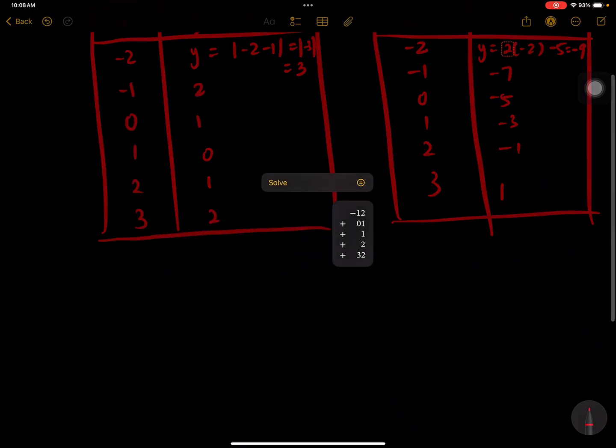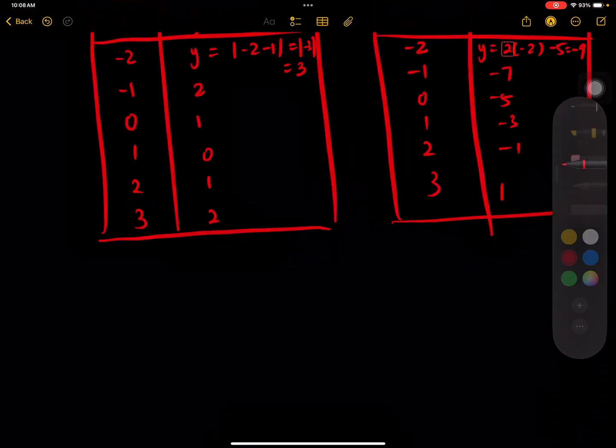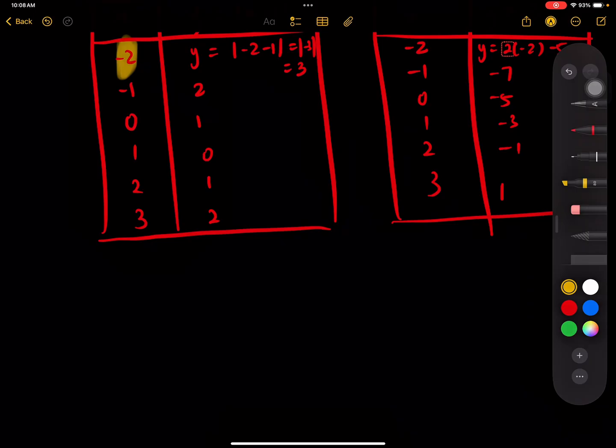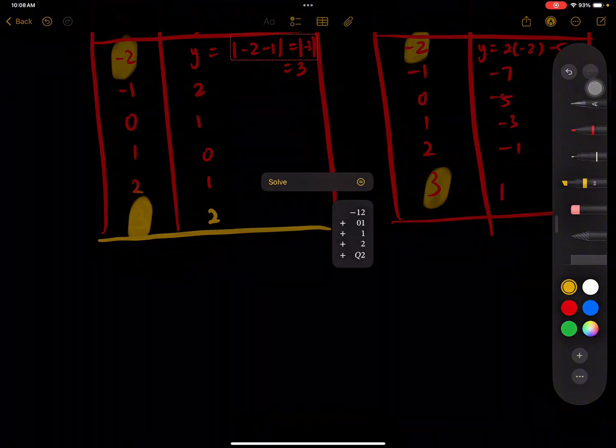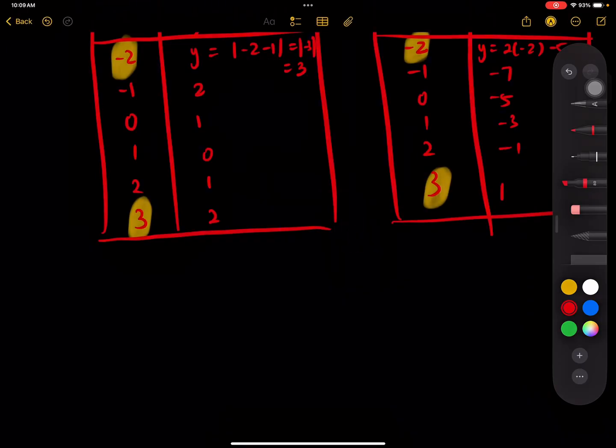So the range is from, for x, highest 3, lowest minus 2. This is for x. Another one is, you have highest, here is 3 and 2, 0.